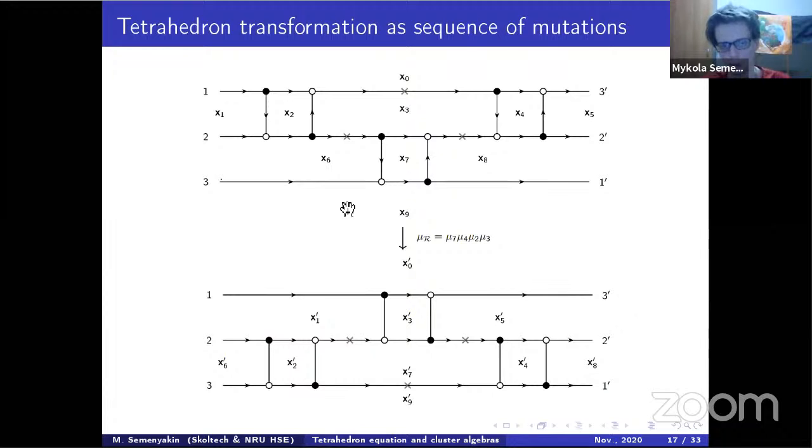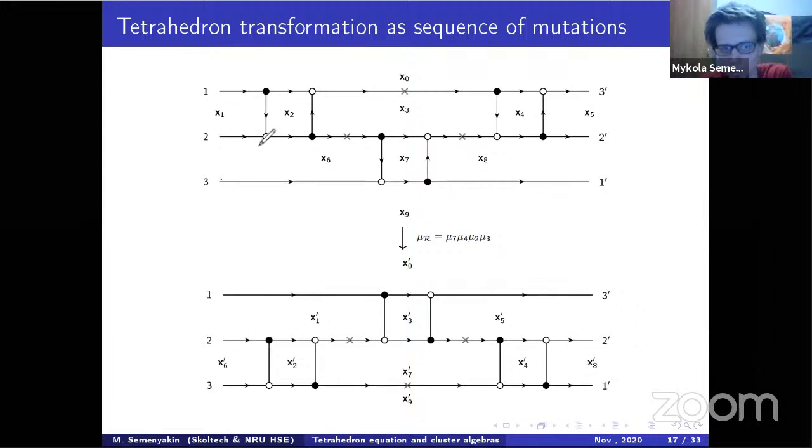And so the statement is that transfer matrix of this four-gonal block, which is S1, S1 bar, is tetrahedron Lax matrix. And this is the same object. And this is a generator of diagonal subgroup in this double Weyl group.